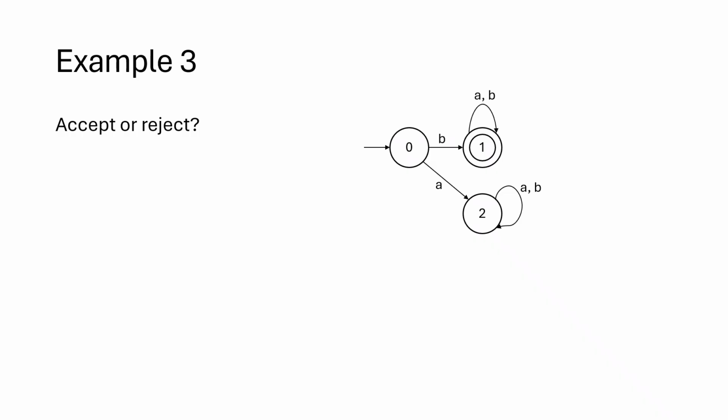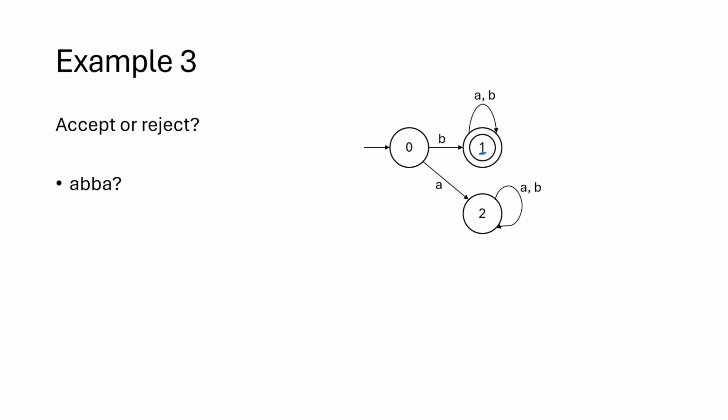In the next video, we are going to talk about the other direction: you are given a description of the language that should be accepted by a machine, and then you want to design the machine. Understanding this step that we are doing now is going to be crucial in being able to design the machines properly. So back to the example, we have 3 states, 0, 1, and 2. We have the transitions. Our input alphabet is A and B, and our accepting state is 1.